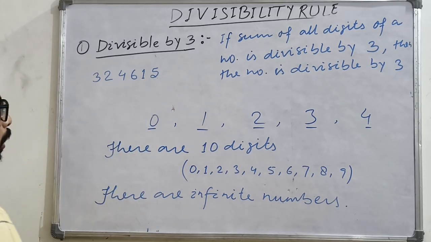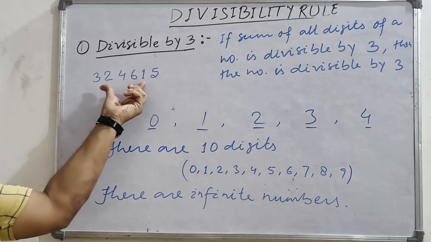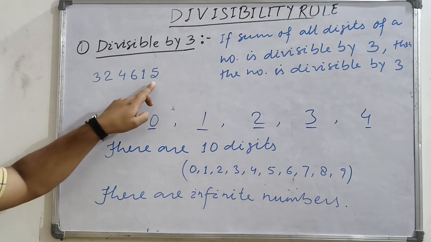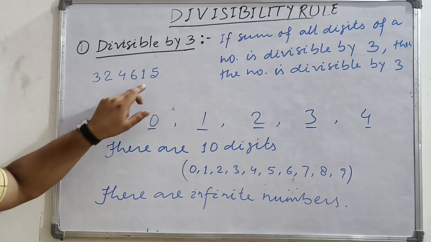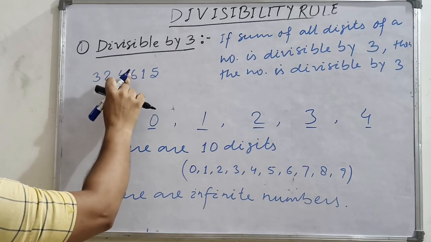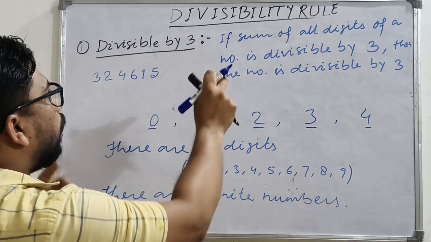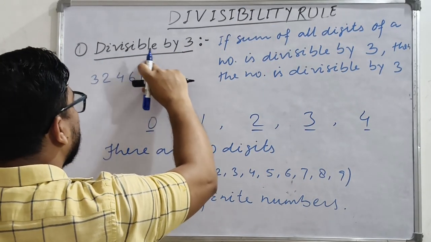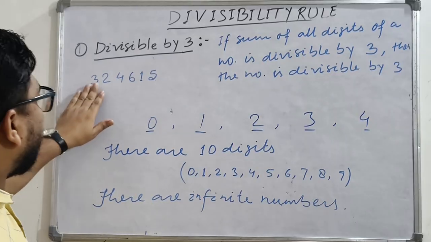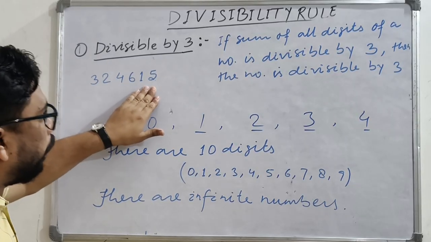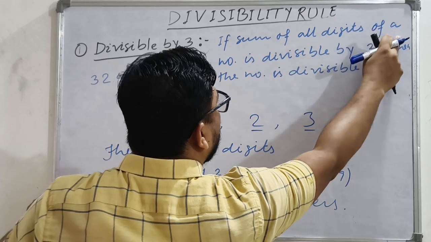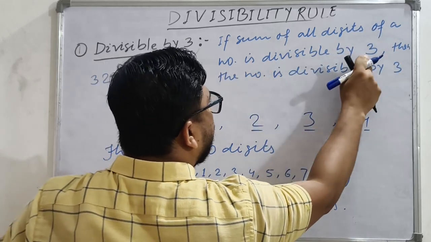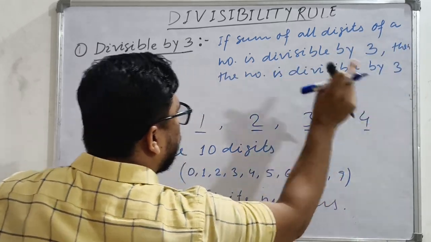Suppose this is the number, and a number consists of individual digits: 3, 2, 4, 6, 1, 5 are the digits. If the sum of all digits of a number is divisible by 3, then the number is divisible by 3.